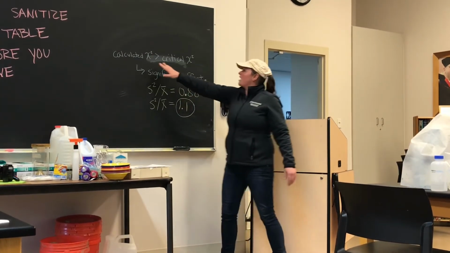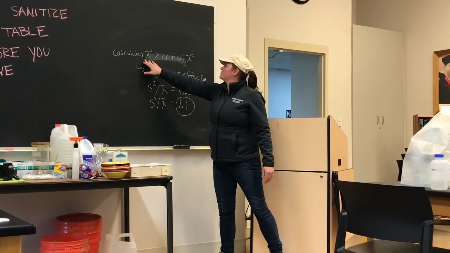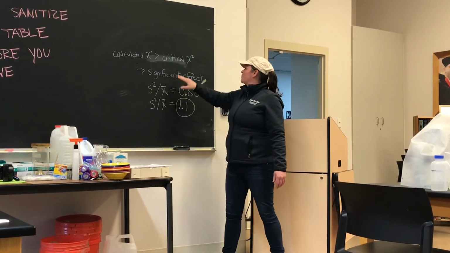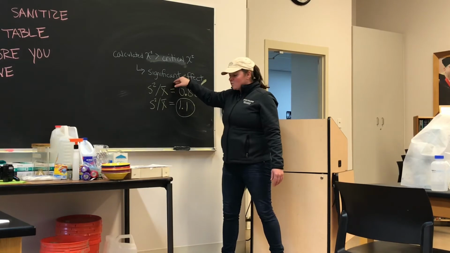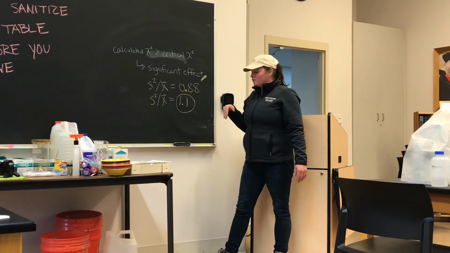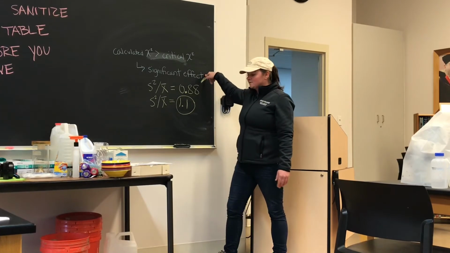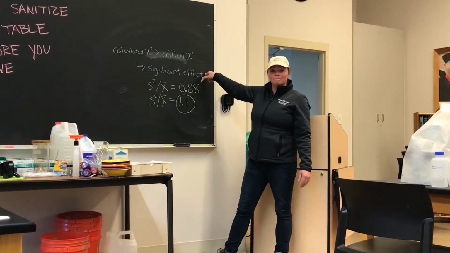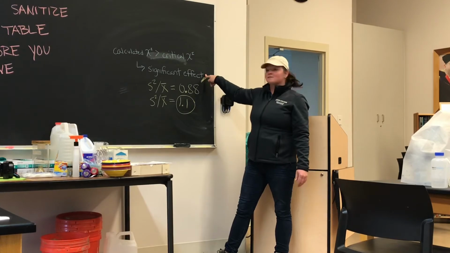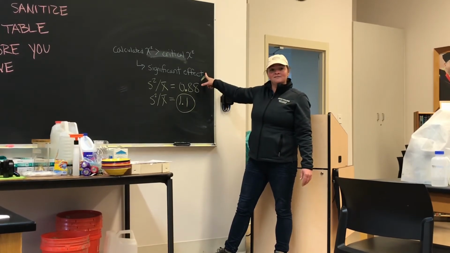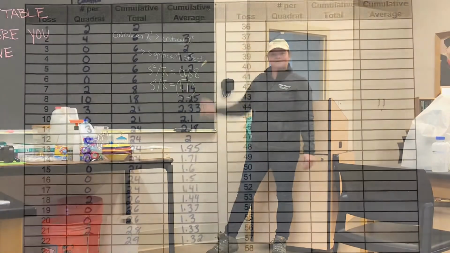Once you do your calculated chi-square, let's say it's greater than your critical chi-square and you get a significant effect. That's going to tell you that because it's 0.88 and you had a significant effect, your population is uniform. So that is the skinny on the statistics.